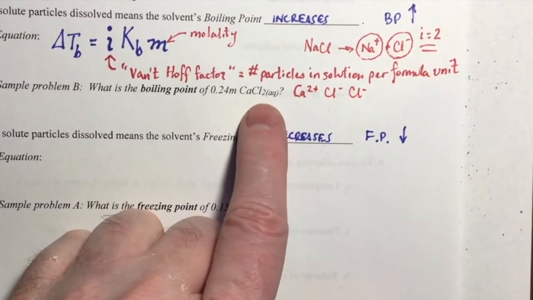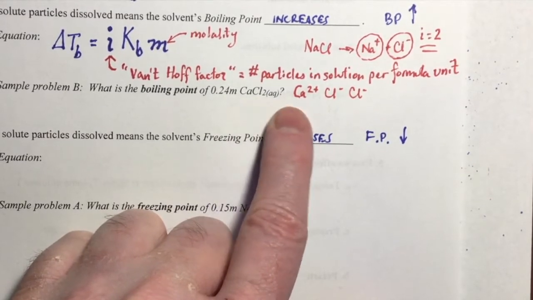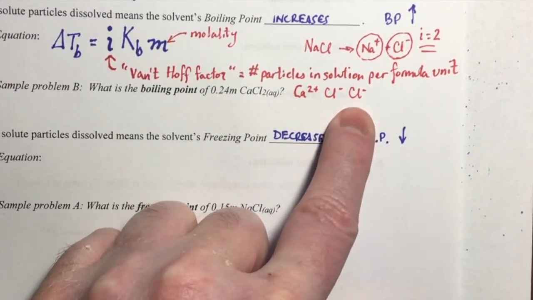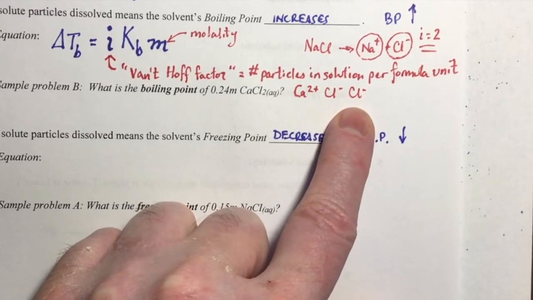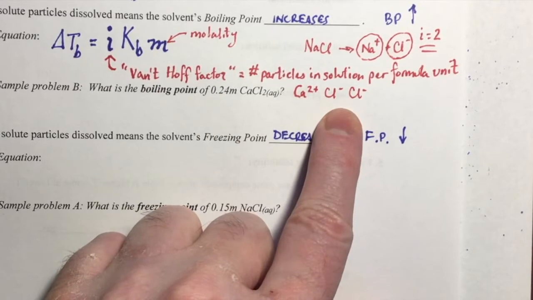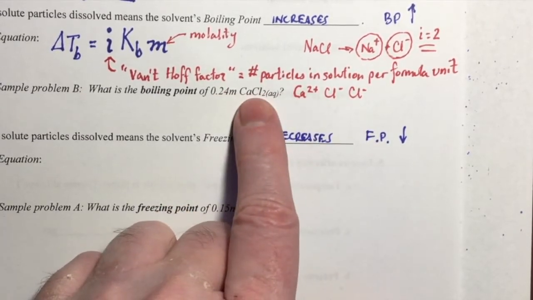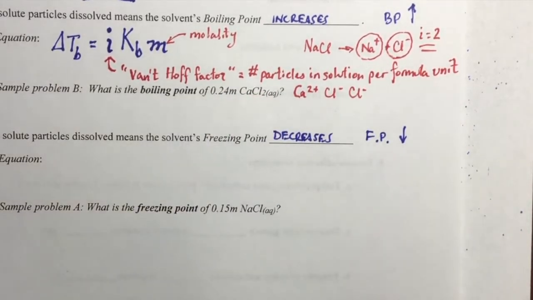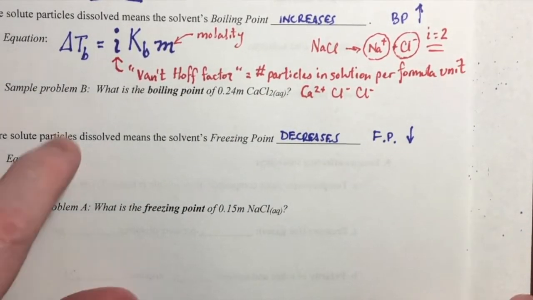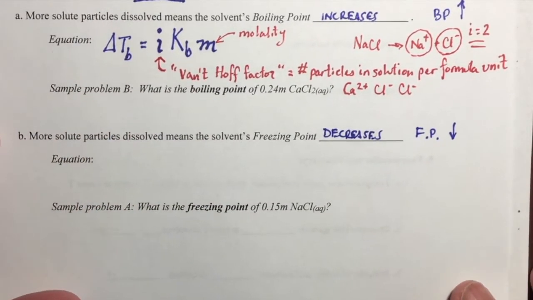So what is the Van't Hoff factor for calcium chloride? 1, 2, 3. So the Van't Hoff factor for calcium chloride is 3, because there are going to be 3 particles dissolved in solution for every one of these formula units. Okay? So with that in mind, go ahead and solve this problem. Pause the video, complete the problem, and when you're done, I will work through it.